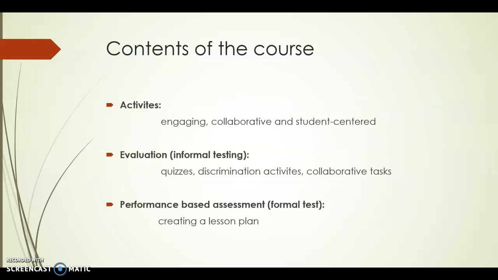We're going to achieve them through activities that are engaging, collaborative, and student-centered. We will measure the achievement of the objectives through informal testing, such as quizzes, discrimination activities, and collaborative tasks throughout the instruction. And the final formal evaluation will be to create a lesson plan on a given language point.